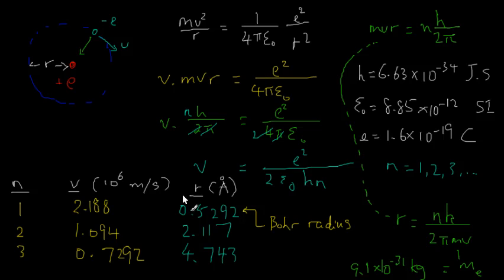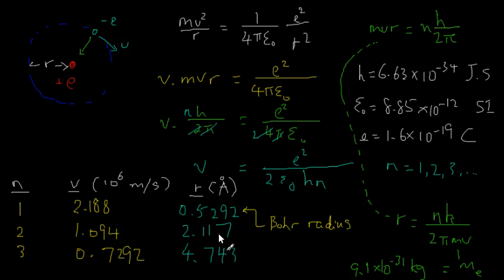So going through the steps, I worked out a few values for n equals 1, 2, and 3 for the allowed velocities, and these are the values that I got, and the allowed radii of the first 3 orbits. These are what I got.